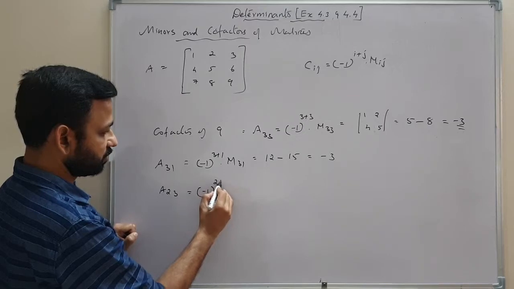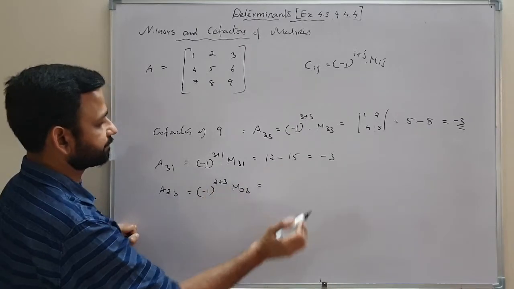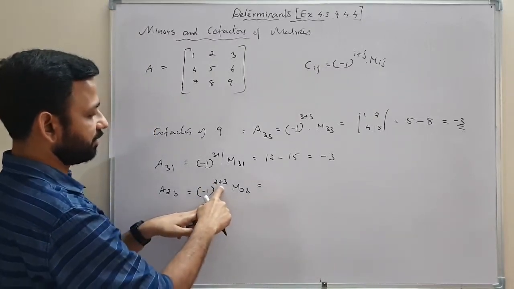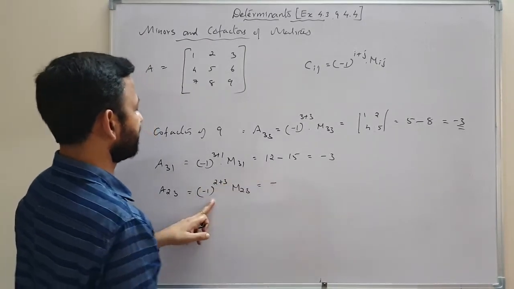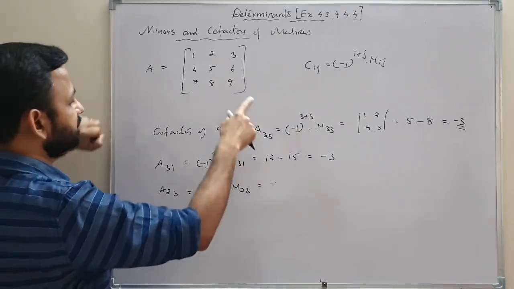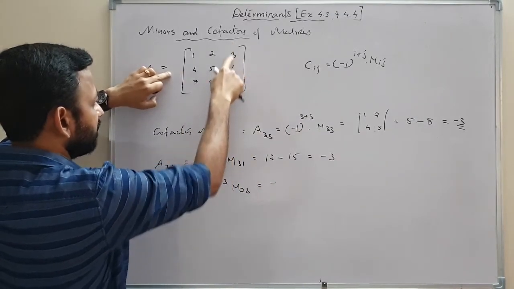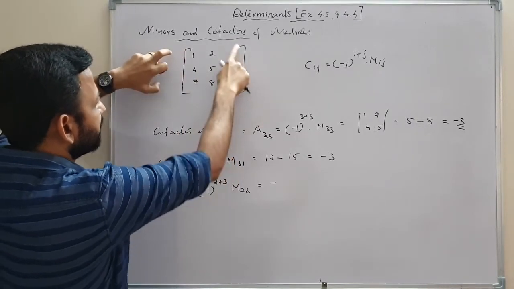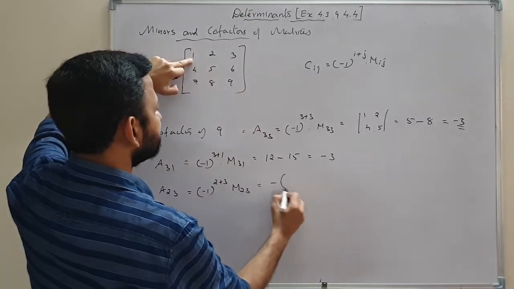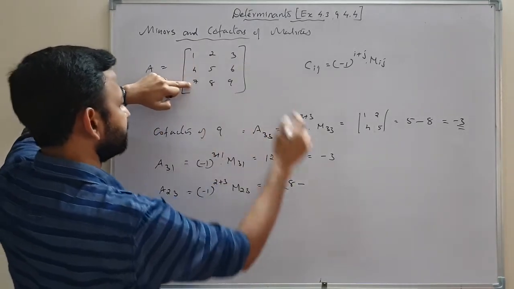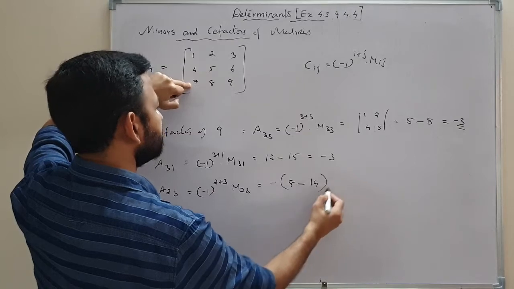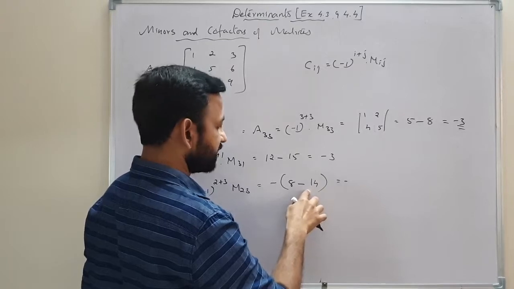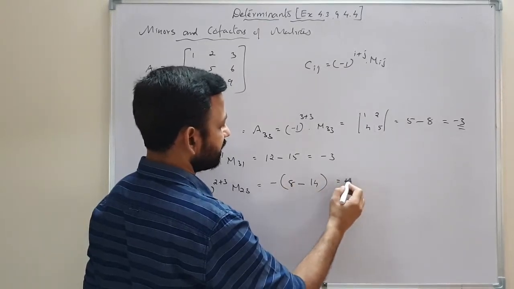And if we want to find A23, minus 1 raised to 2 plus 3 into M23. Minus 1 raised to 2 plus 3, minus 1 raised to an odd number, that is negative. Then M23: second row and third column will be deleted, this one and this one. So 1 into 8 minus 7 into 2, 14, that is minus 6, and with the sign, plus 6.